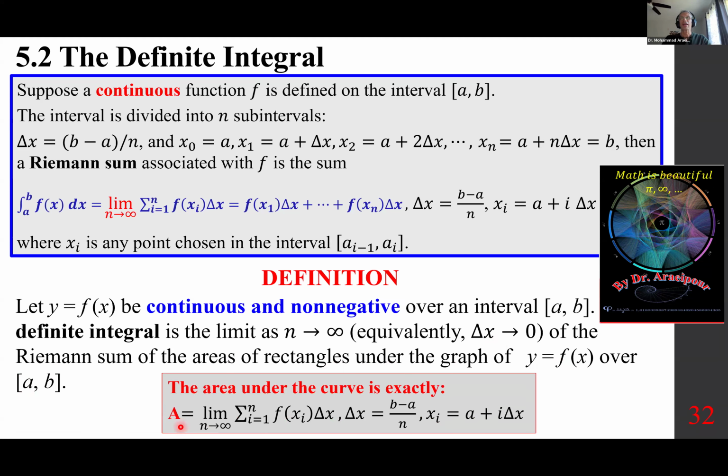So the area has this precise definition. A is the limit as n goes to infinity of the summation of i going from 1 to n of f of x sub i delta x. Delta x is (b minus a) over n, x sub i equals a plus i delta x. This represents an area under the curve if the function is non-negative. Otherwise, it's the difference of areas. And that's important to understand.